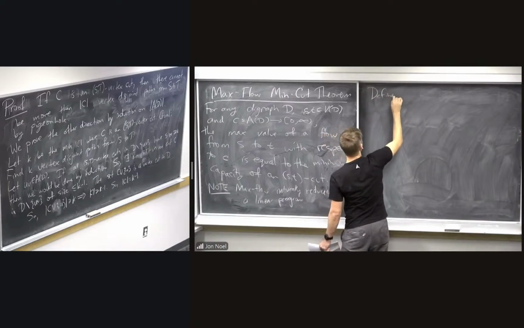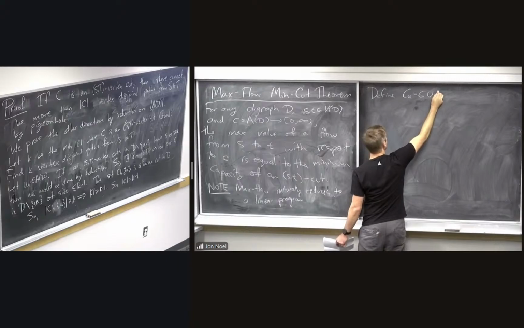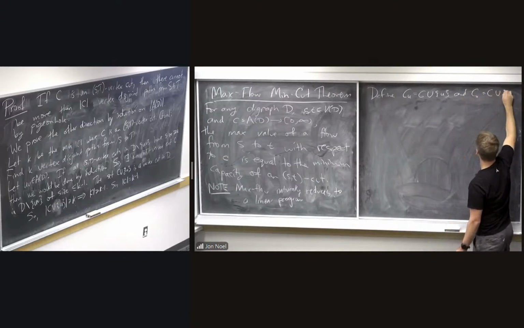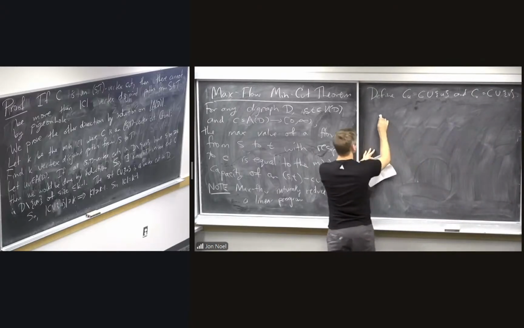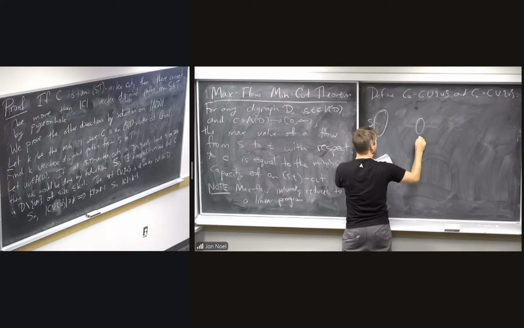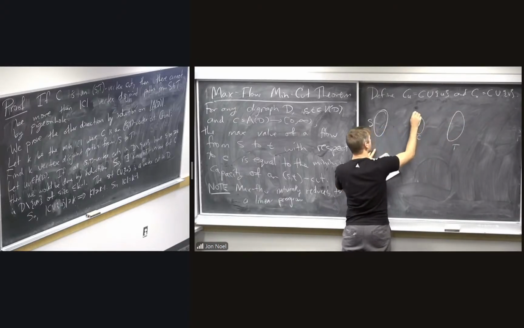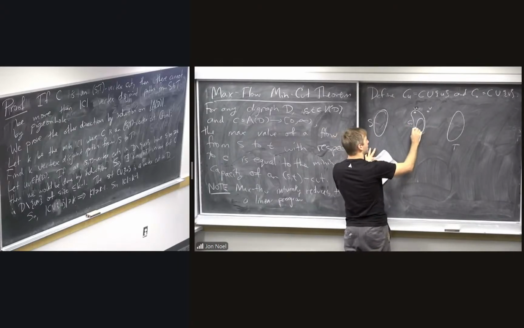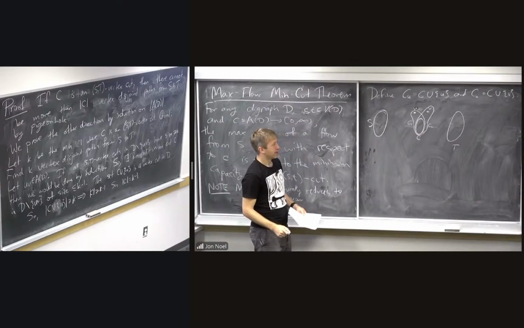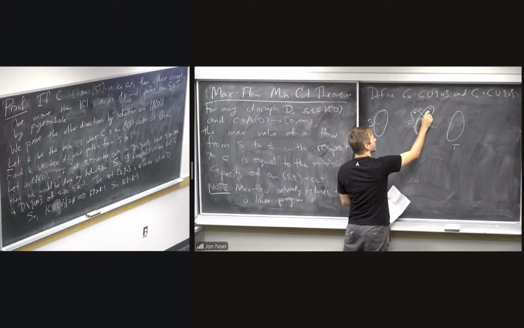Suppose I define C sub U to be the set C union U, and C sub V to be the set C union the vertex V. So the idea of the proof now, right, I've got S, I've got C, I've got T, and then I've got the vertices U and V. The set C sub U is what I get by adding U to C, and C sub V is what I get by adding V to C. And I know this arc exists, so there's an arc from U to V.